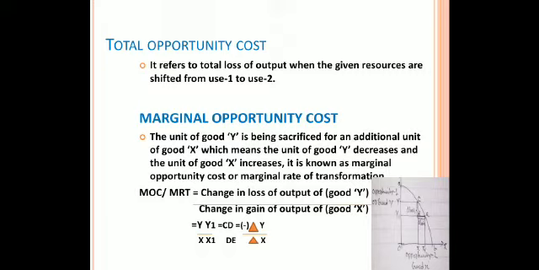The minus sign shows that there is a loss of good Y. So MOC equals minus change in Y upon change in X; the negative sign shows loss. Now let us discuss the next topic, that is production possibility curve.